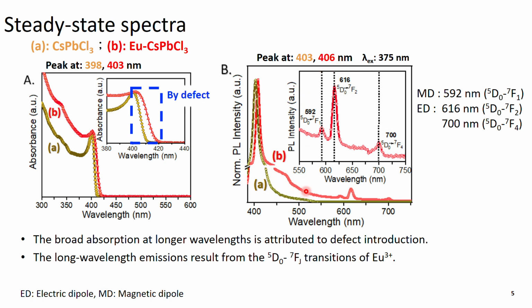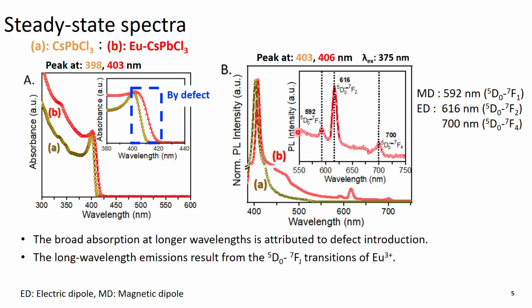And we see the red line has some additional emission. First, at 1500 nanometers we have a broadened emission like this. And then in this picture, we have a few additional emission peaks: one at 592 nanometers, one at 616 nanometers, and one at 700 nanometers.